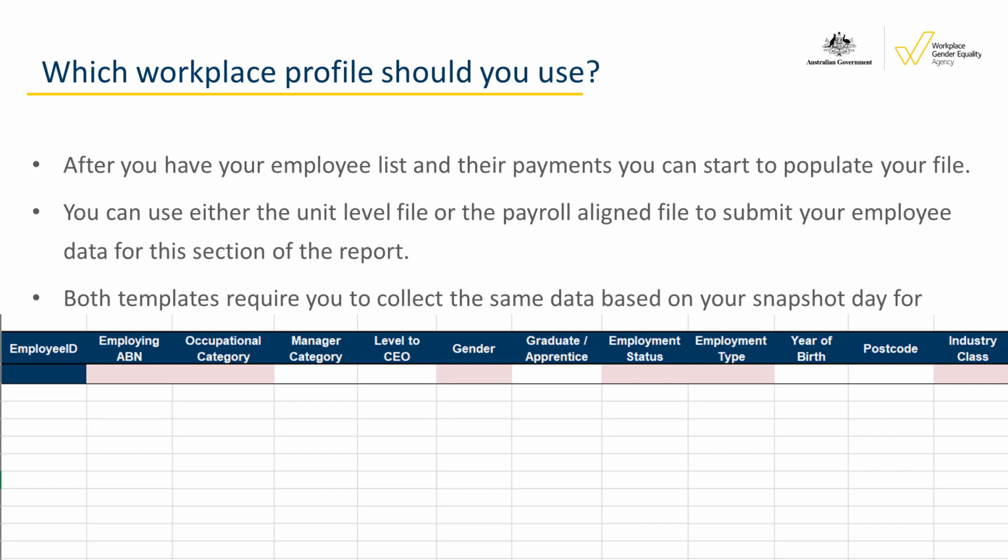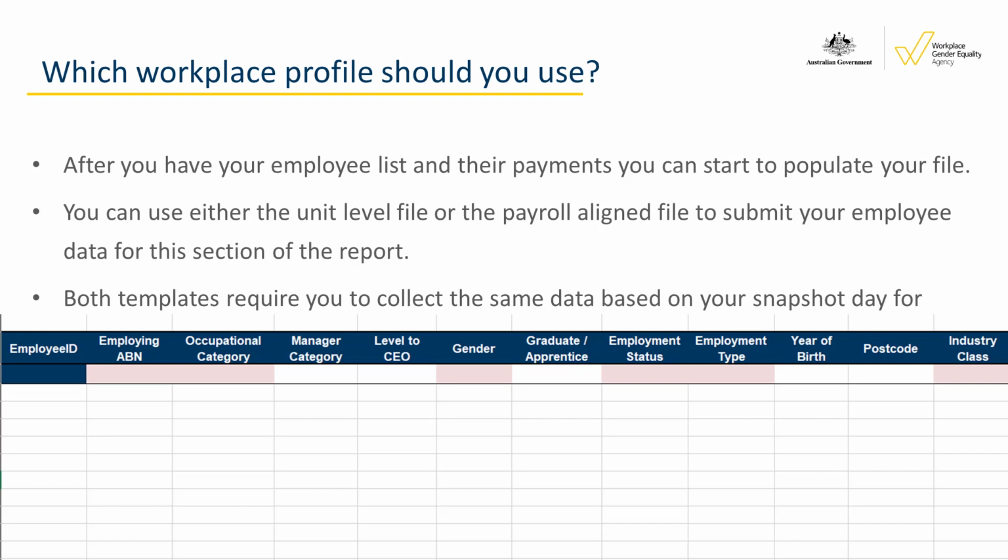Graduate apprenticeship status for employees who are part of a formal graduation program or apprenticeship. Employment status, which is either FT for full-time, PT for part-time, or CE for casual employees. Employment type, which is either permanent, contract, or casual. Year of birth and postcode, which are both voluntary to complete.